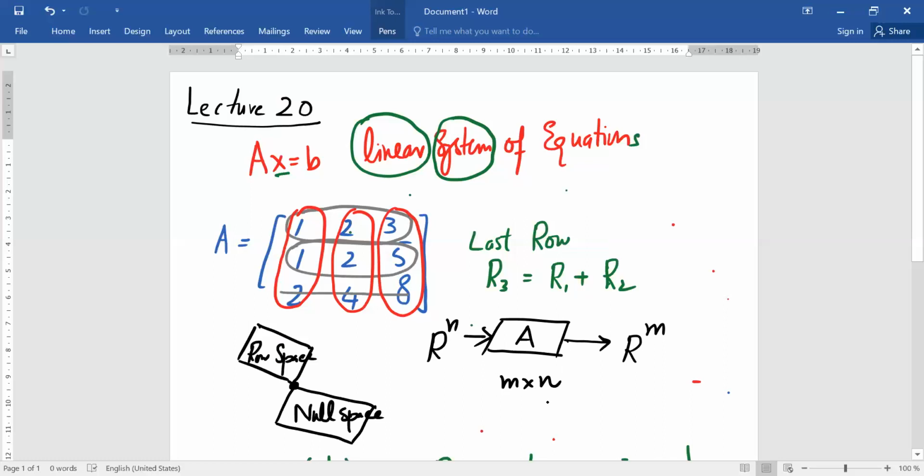So if A is of order m by n, it means x belongs to R^n, and x is our unknown. So the space that I'm talking about right now is R^n. This is the space in which the row space and null space reside. So row space is a subspace of R^n. Null space is also a subspace of R^n.